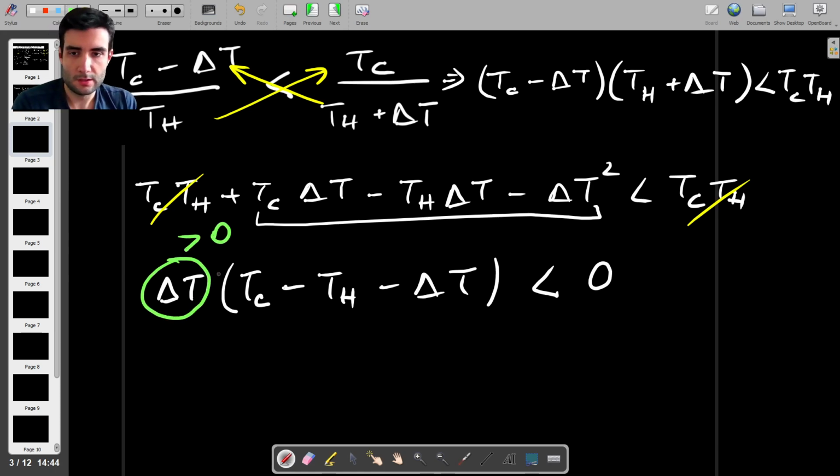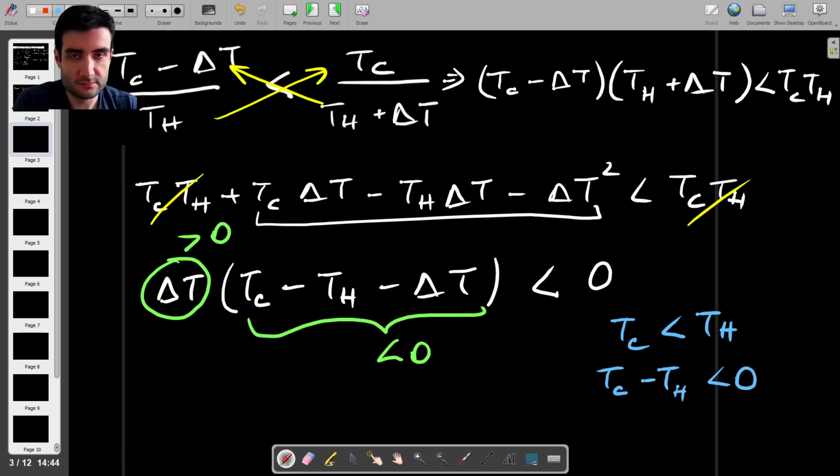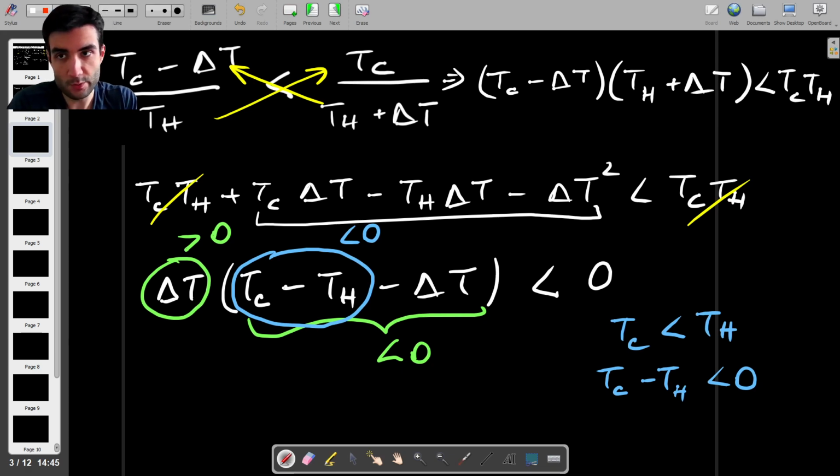But this quantity here, if you think about it, is actually negative, because one obvious thing that we haven't specified is that T cold is less than T hot. So if we subtract T hot from both sides, we have T cold minus T hot is less than 0. So this here is already less than 0. And if we subtract even more, if we subtract delta T, it's going to be even more negative. So clearly what's in the bracket is negative. So we have something positive times something negative, which will be negative.